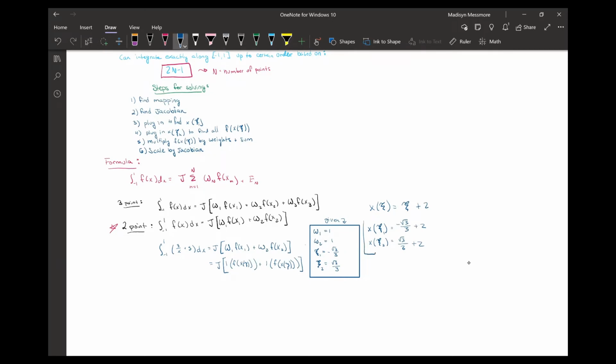Those are our x of xi1 and x of xi2, and we want f of x of xi1 and f of x of xi2. I'll plug this into a calculator because it's a lot faster than I am.